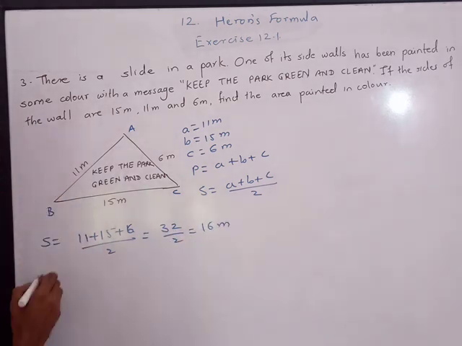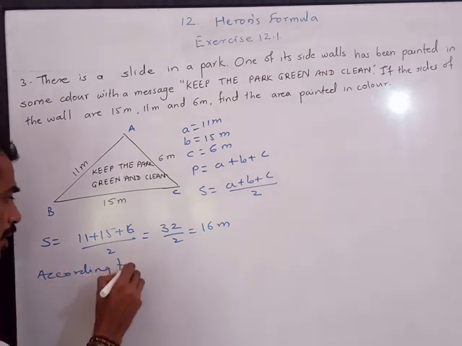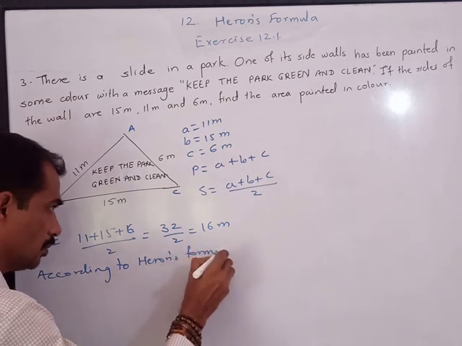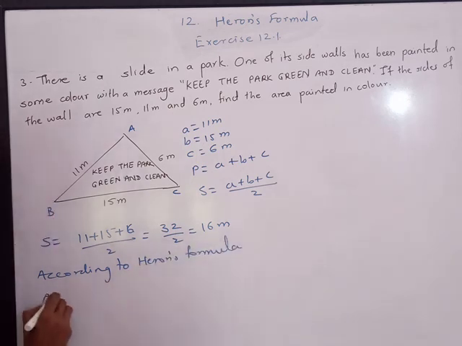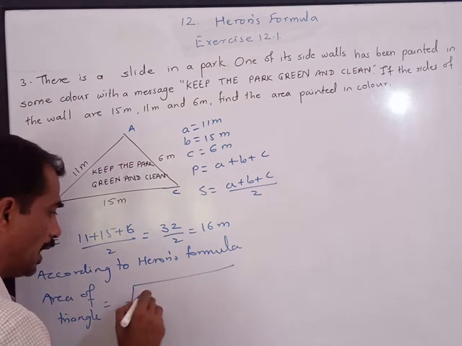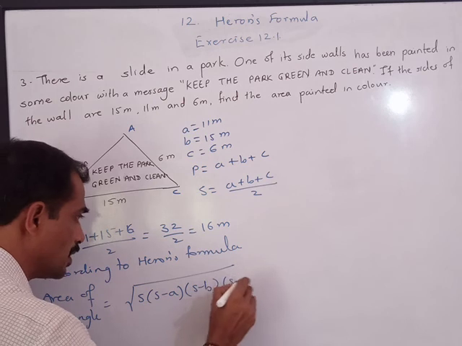Now according to Heron's formula, area of triangle is equal to under root s(s minus a)(s minus b)(s minus c).